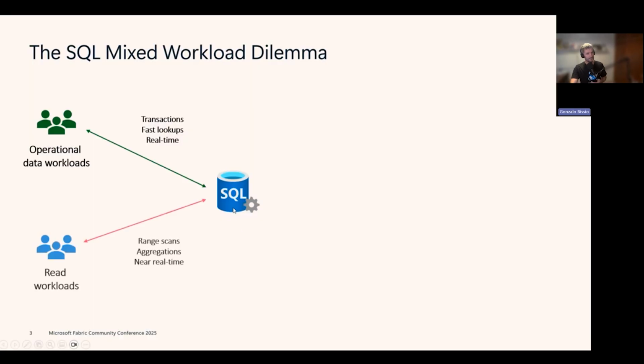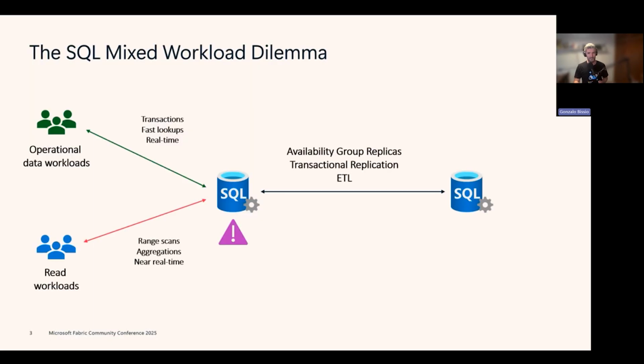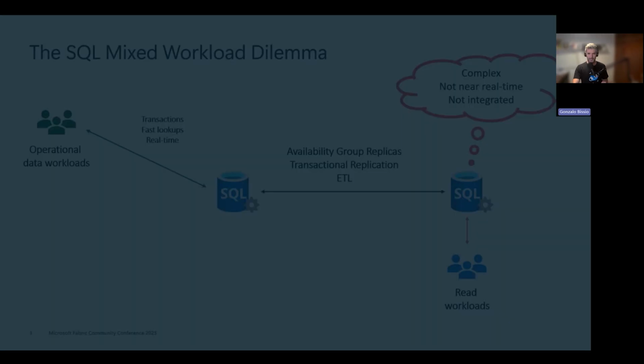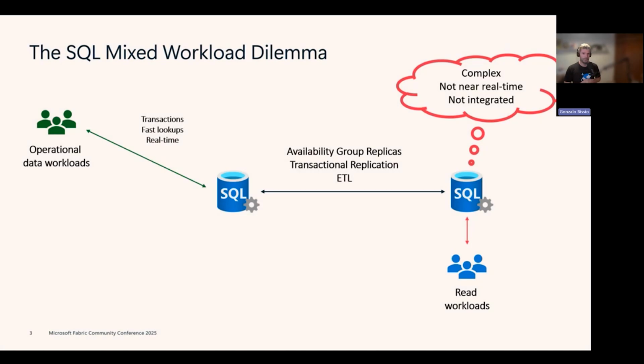Basically, this is what we have today. I assume that, for example, you are using availability group replicas in order to offload your read operations. You have different data teams today.